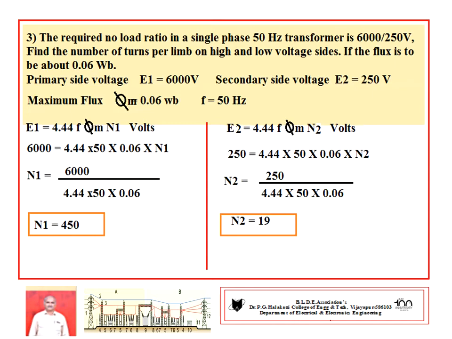In similar fashion you go for E2. E2 equal to 4.44 F phi m into N2. You substitute the respective secondary voltage, then you are going to get N2. You make round numbers, you should not keep the number of turns in decimals. 18.7 you are getting, make it 19.